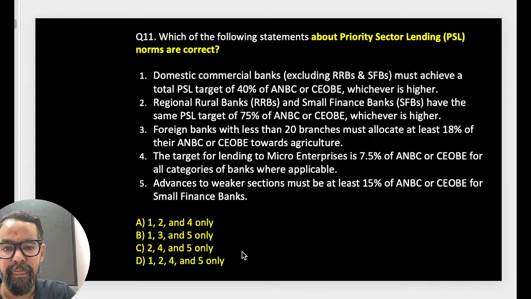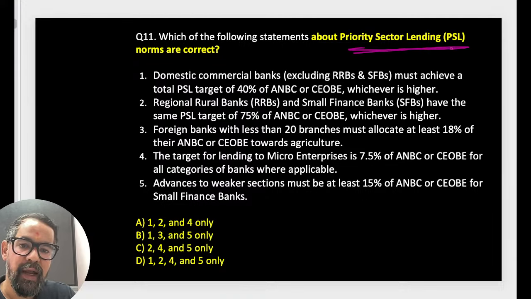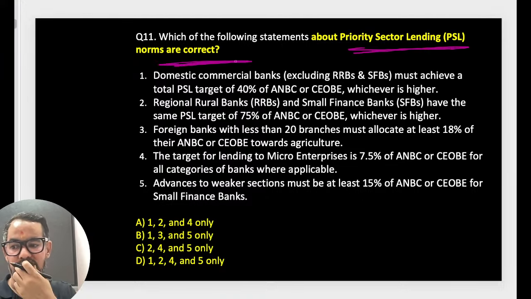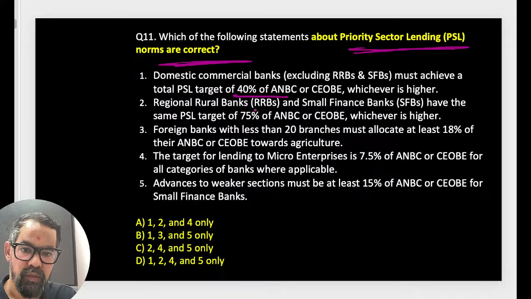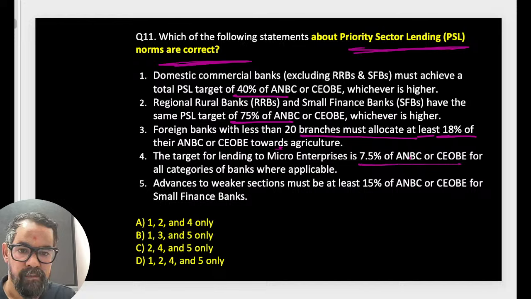Next one guys. Priority sector lending, and you have to find out the correct one. Okay, priority sector lending, and based on the statements, you have to find out the correct statement. This is a general statement, huh?